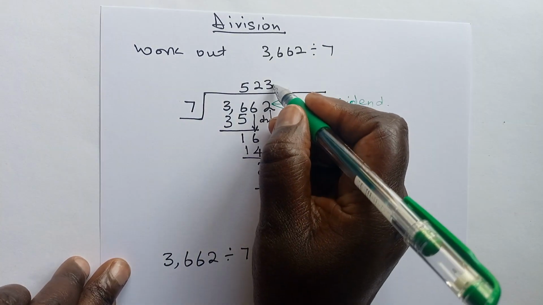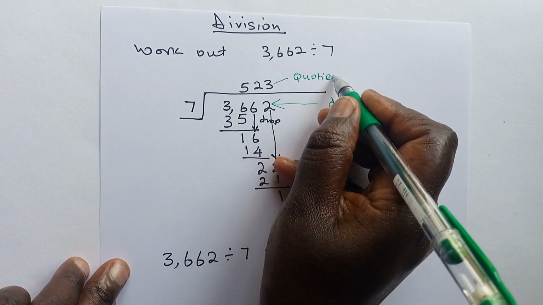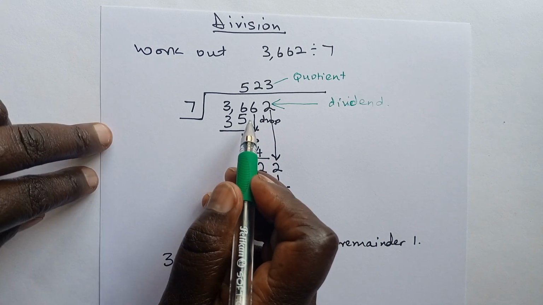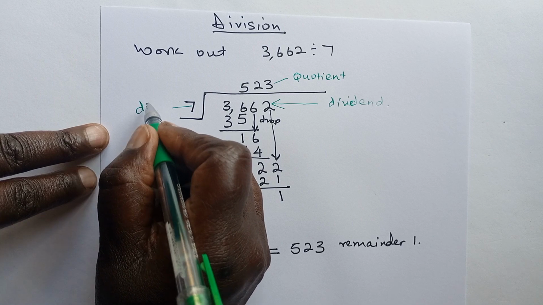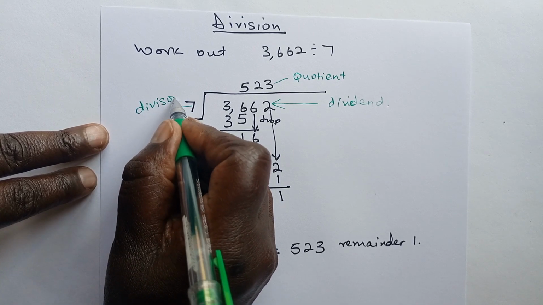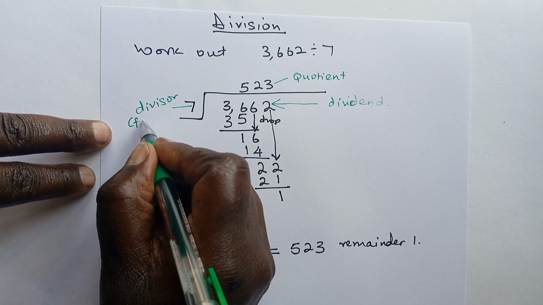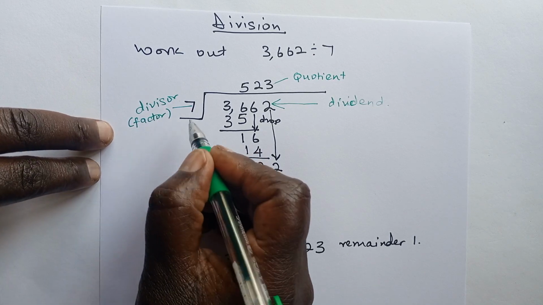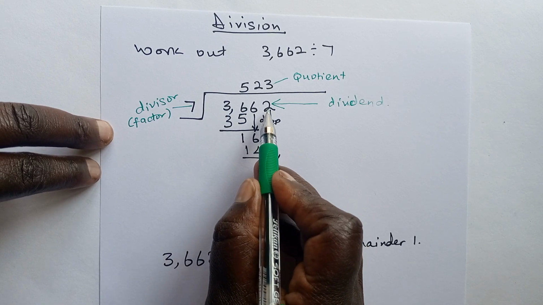Your answer is the quotient. The number you're dividing by, 7, is called the divisor. This number 7, the divisor, is also at times called the factor. How many times will 7 go into 3662?